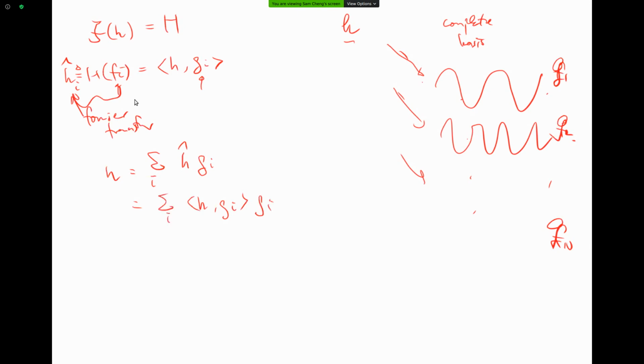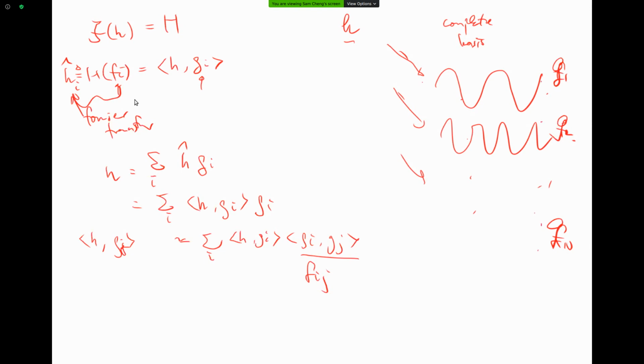You can verify that this makes sense, because if I take the inner product on both sides with some Gj, I will have the sum over i of the inner product of H and Gi times the inner product of Gi and Gj, and this is basically the delta function delta ij, because these bases are orthogonal to one another.